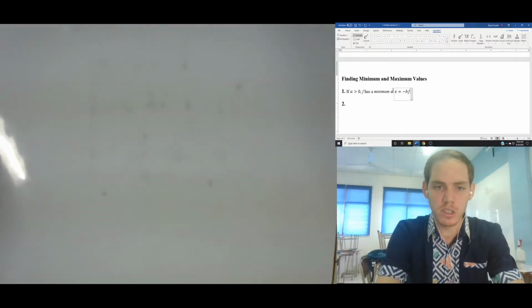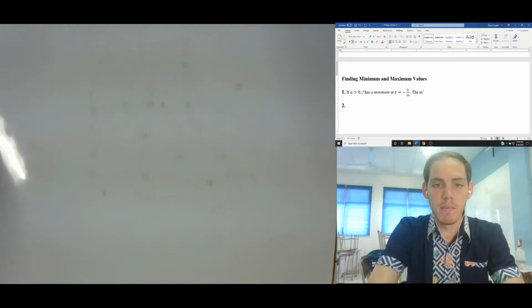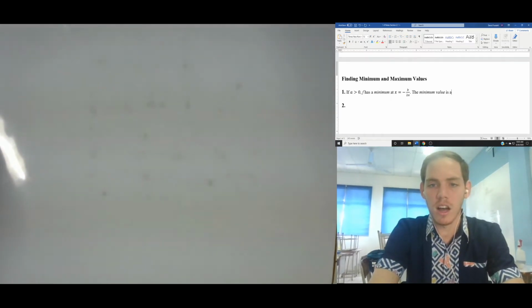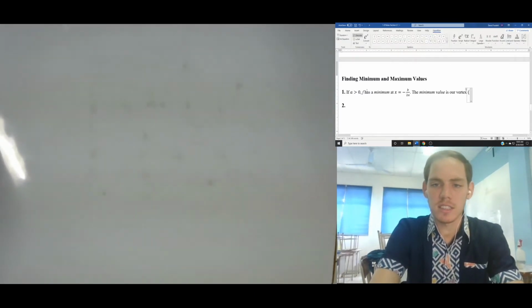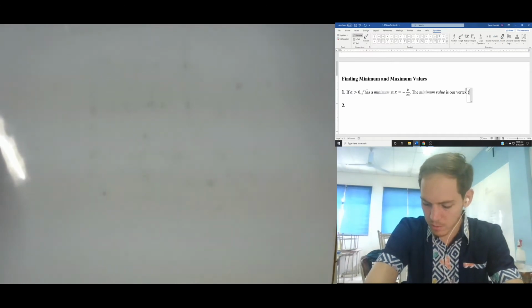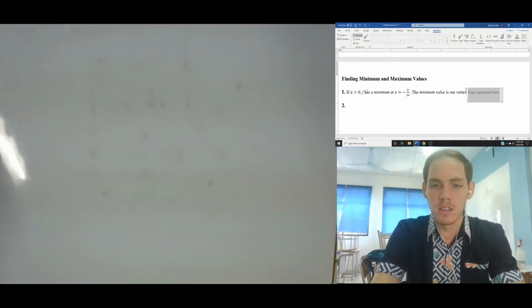The answer is, of course, yes. So the minimum occurs when x equals -b over 2a, and the minimum value is our vertex. And what is our vertex in our regular form? The minimum value would be f(-b over 2a).